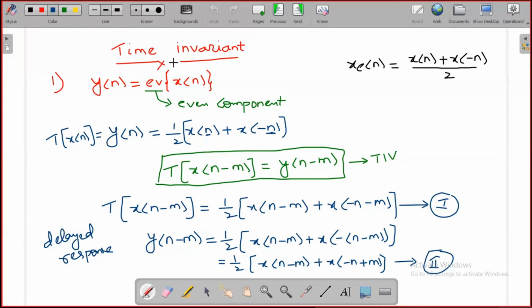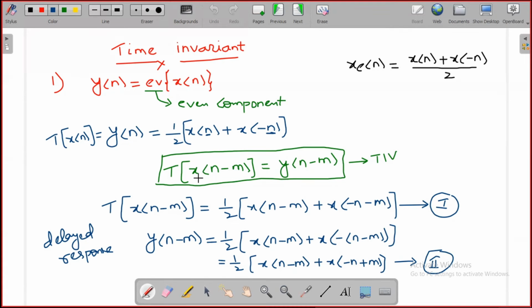Now see how we evaluate it. For time invariance, we need to find the response for delayed input as well as the delayed response separately. Then compare those two. If the response for delayed input is equal to the delayed response, then the system is time invariant, otherwise time variant.